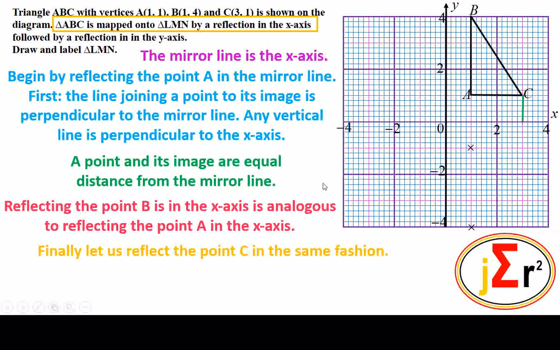Then the distance of C from the mirror line will be the distance of the image of C from the mirror line, which is going to be depicted by the movement of this line segment to the other side of the mirror line. So that distance is the same. The image of C will be shown.